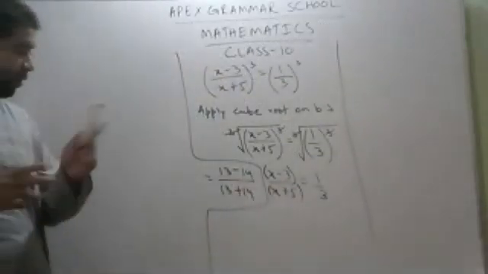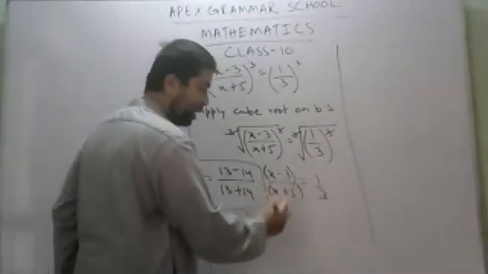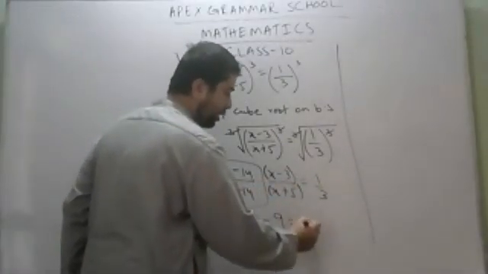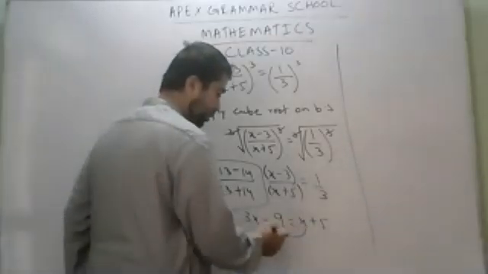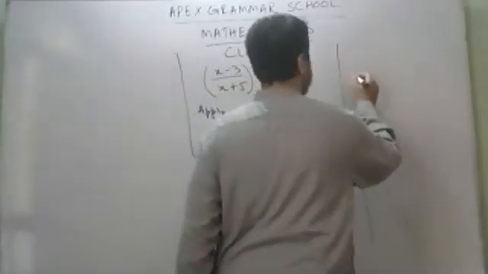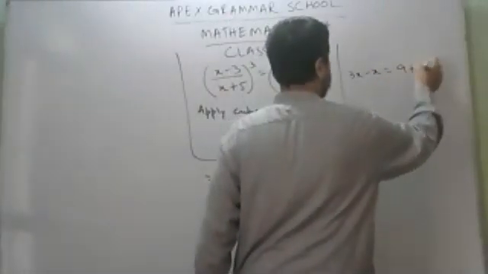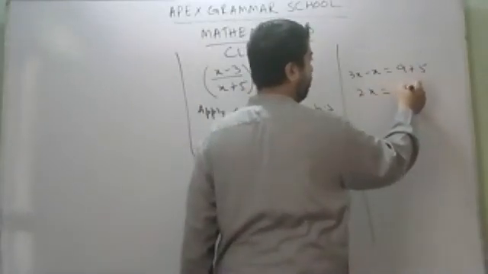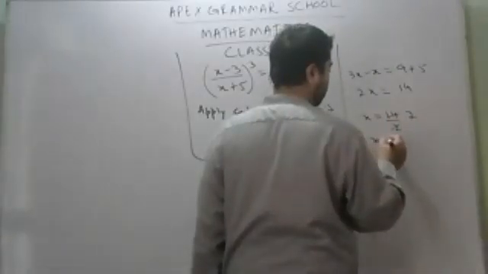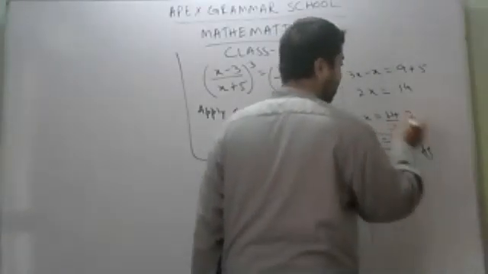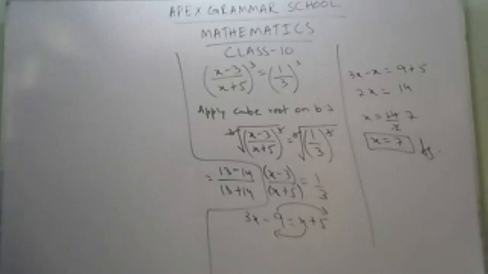Yes. The thing was, 3x minus 3 3s are 9 is equal to x plus 5. Okay, that was something. X will be negative here and minus 9 will be positive here. So 3x minus x is equal to 9 plus 5. Yes. This will be 2x is equal to 14. So 2 will be divided there. Now that was the correction relevant to the previous question. This was exercise 3.4 completed.